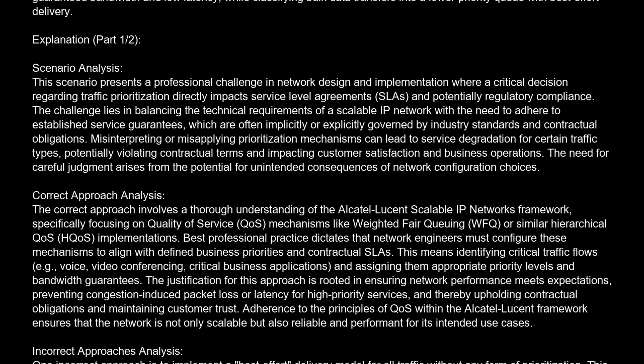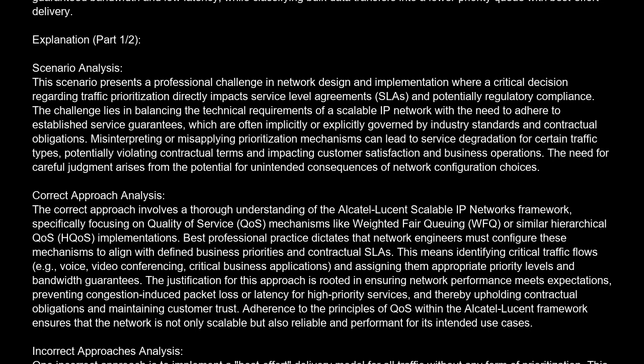This means identifying critical traffic flows, e.g., voice, video conferencing, critical business applications, and assigning them appropriate priority levels and bandwidth guarantees. The justification for this approach is rooted in ensuring network performance meets expectations, preventing congestion-induced packet loss or latency for high-priority services, and thereby upholding contractual obligations and maintaining customer trust. Adherence to the principles of CoS within the Alcatel-Lucent framework ensures that the network is not only scalable, but also reliable and performant for its intended use cases.